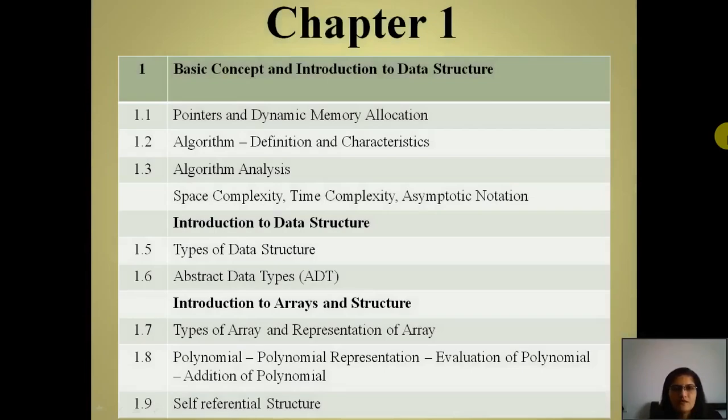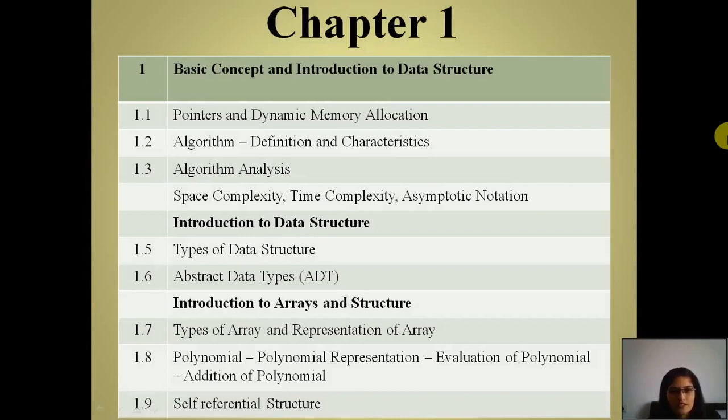This is the first chapter of data structure, basic concept and introduction to data structure. In this chapter, we will see pointers and dynamic memory allocation basics, algorithm definition and characteristics, algorithm analysis. In this, we will see space complexity, time complexity, asymptotic notation. Next, we will see introduction to data structure.